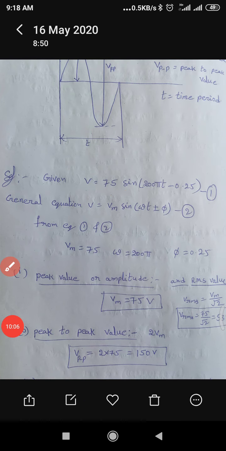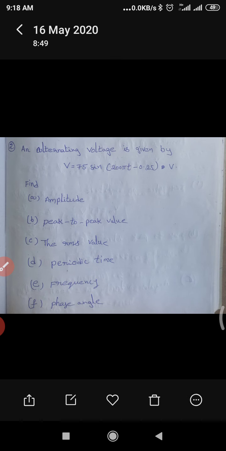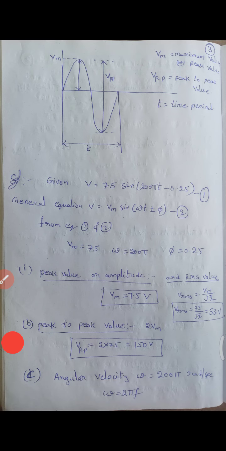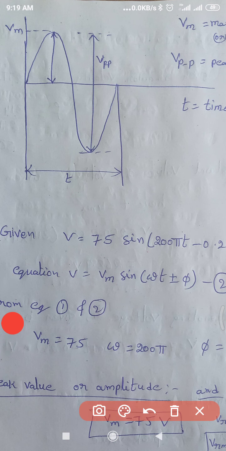Next, peak to peak value. Peak to peak value means positive peak to negative peak.